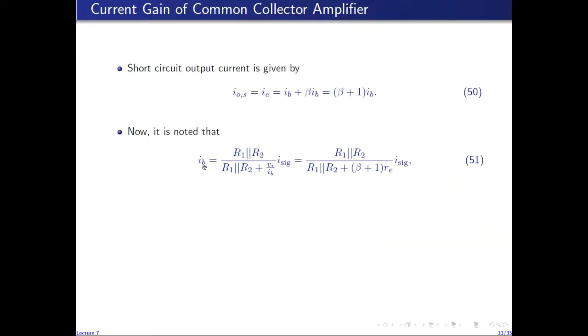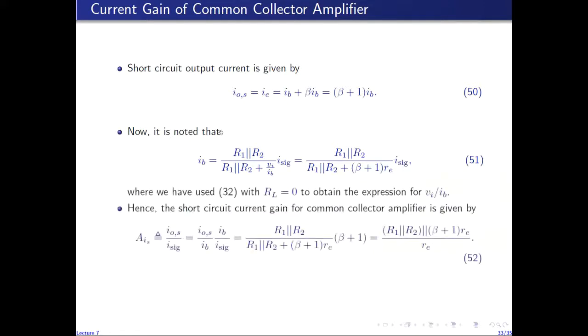So we relate IOS to IB and then IB to ISIG, which gives us a way to relate IOS to ISIG. So IOS over ISIG is IOS over IB, which is beta plus 1, times IB over ISIG, which is this factor here. So the product of this term and beta plus 1 gives us the short circuit current gain of the common collector amplifier. This last equality is obtained by multiplying this factor with small RE in the numerator and denominator.